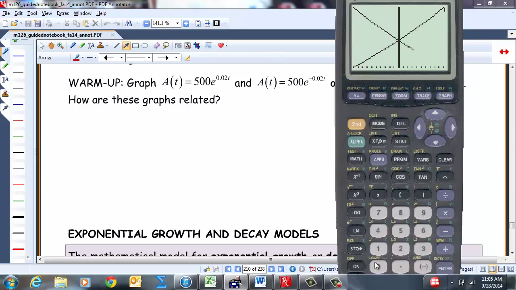So that's not giving us a big idea of the curve, so I'm going to take a look at the window. Maybe if we do the Y scale by 50.